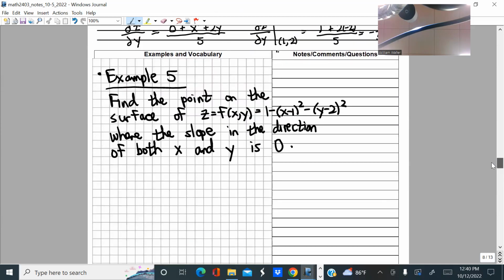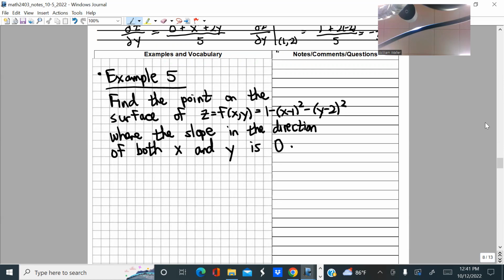All right, now, here's a good challenge question. This is an important question, and you'll see why. So we want to find a point on this surface: 1 minus (x minus 1) squared minus (y minus 2) squared.